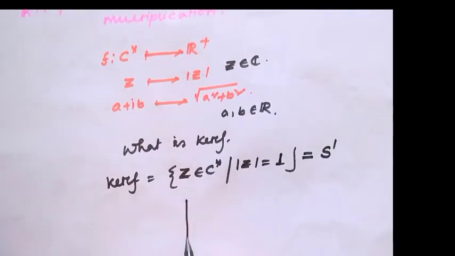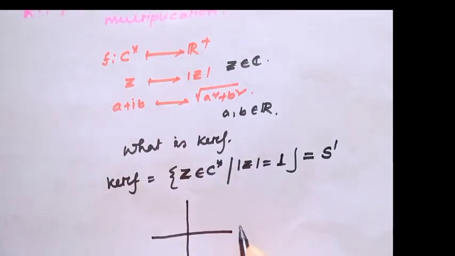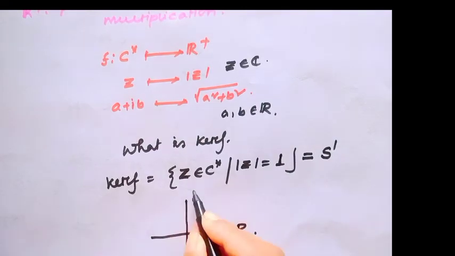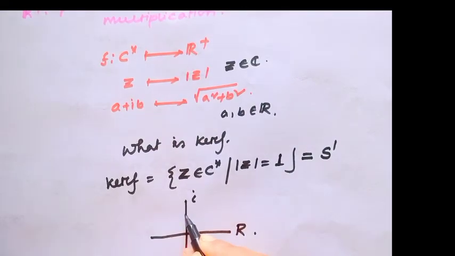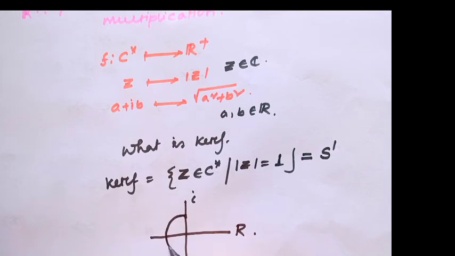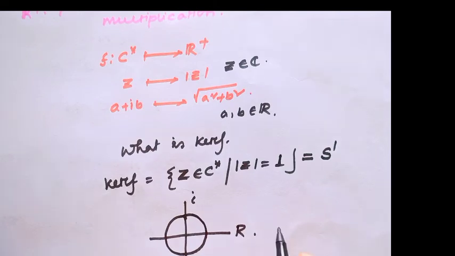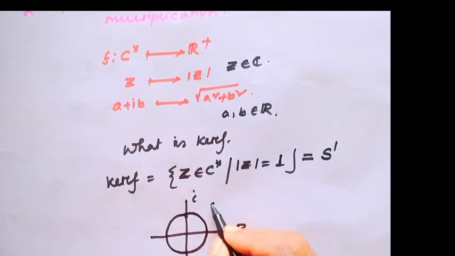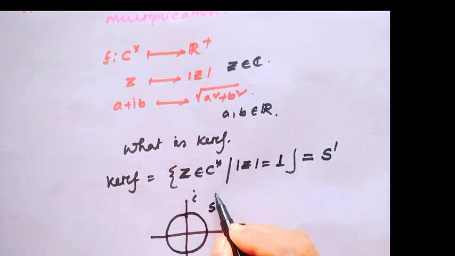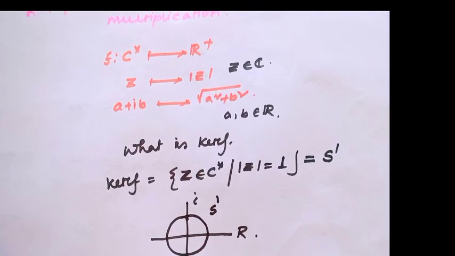Just think, this is the complex plane and this is the real axis and this is a complex number. The unit circle around the origin will be the kernel of f, which is denoted as S1. Are you getting? Kernel of f?